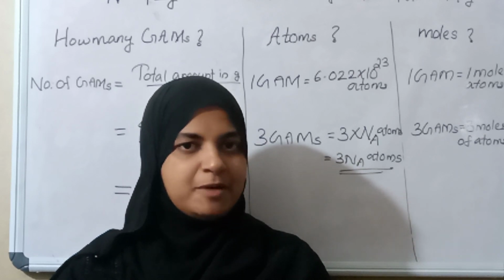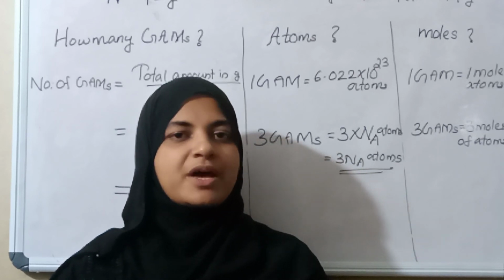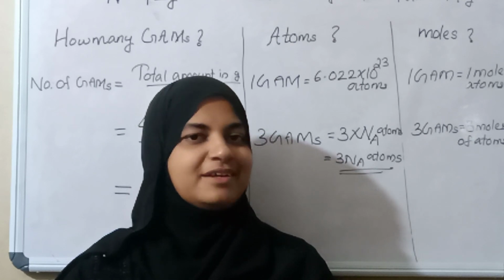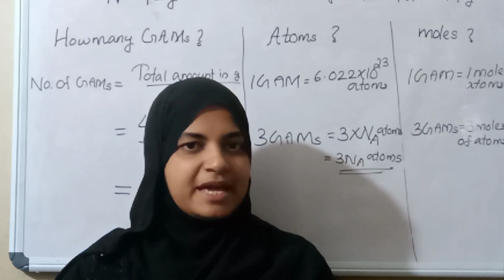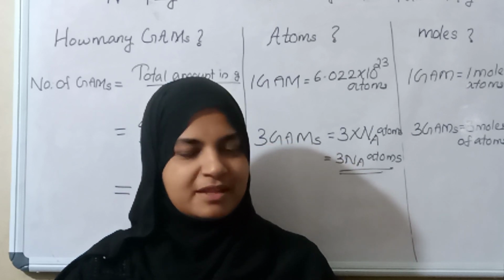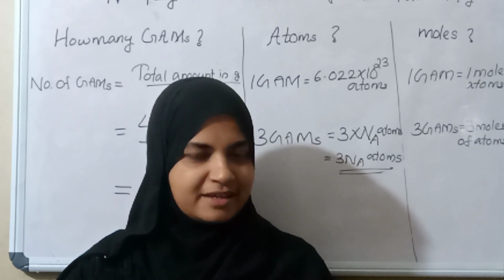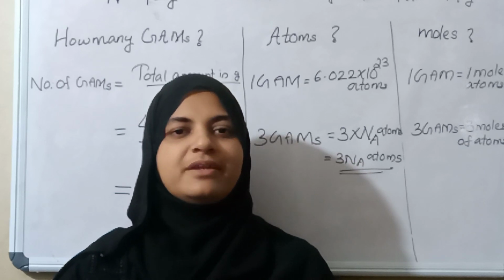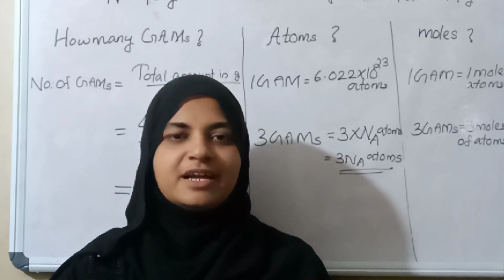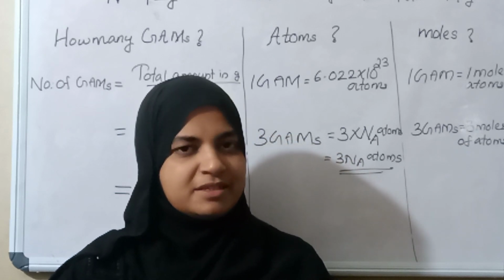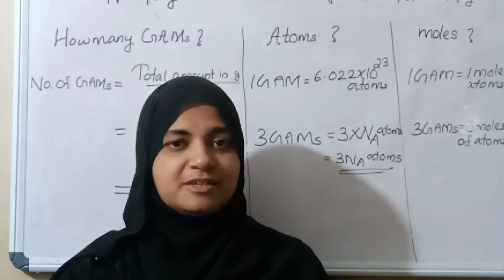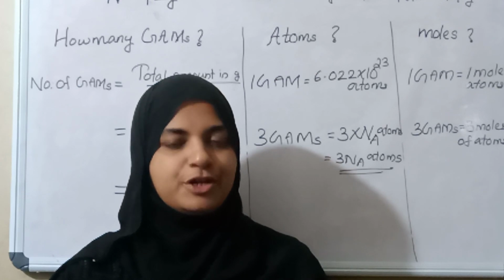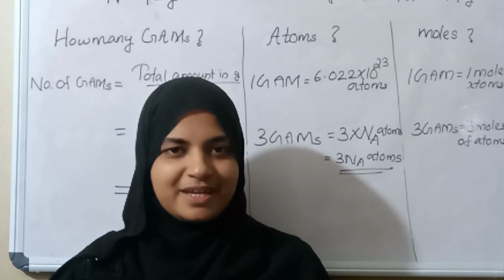That is, 1 mole is 6.022 × 10^23. It is a number like pair, dozen. Dozen means 12, like 1 mole means 6.022 × 10^23. This is an important topic because in the exam there are different questions related to this topic. Okay, thank you.